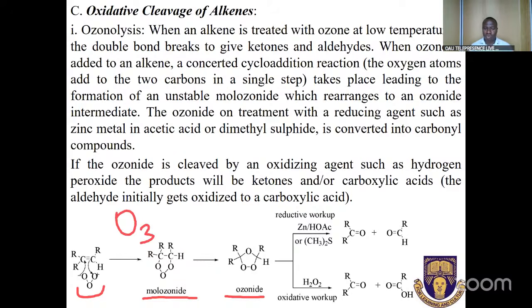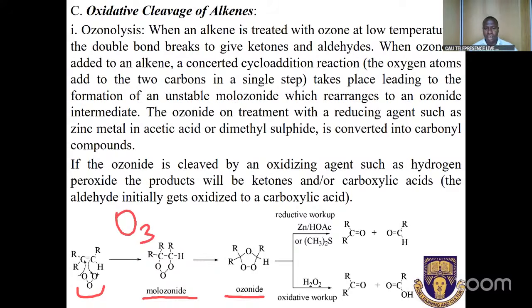That is referred to as oxidative workup. What we use in treating the ozonide will determine the product. If we treat with hydrogen peroxide, we end up with the ketone on one end and carboxylic acid on the other end. I hope that is clear.